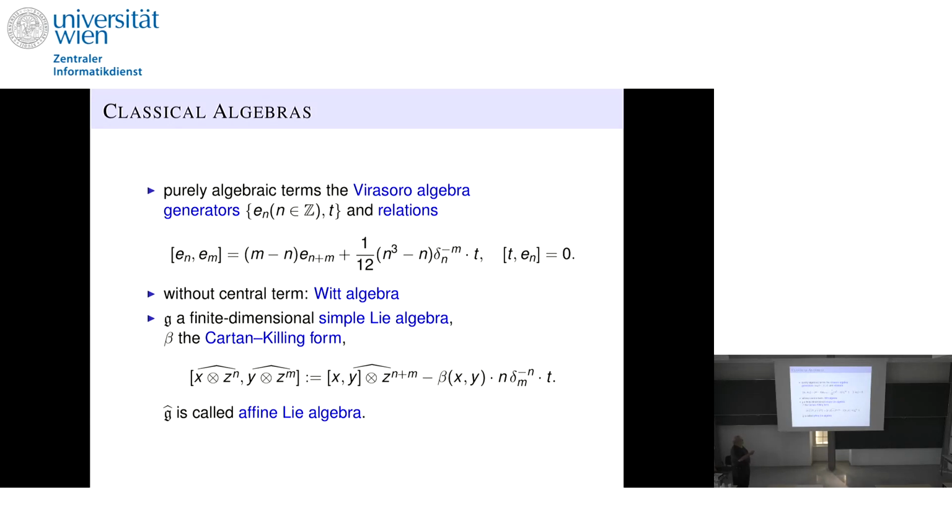If the cocycle is not there, so t is a central term, I should also have written t squared is 0, I forgot to do it. Without the central term, this is what I call the Witt algebra. Of course, there is discussion whether one is really able to call it the Witt algebra, but I don't care for the moment. I call it the Witt algebra.